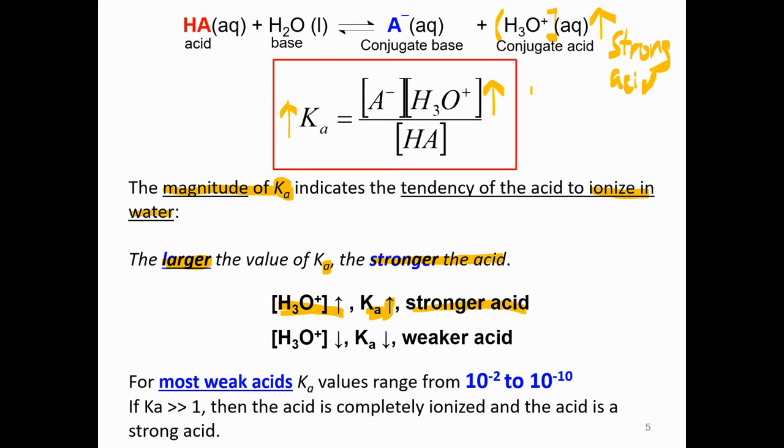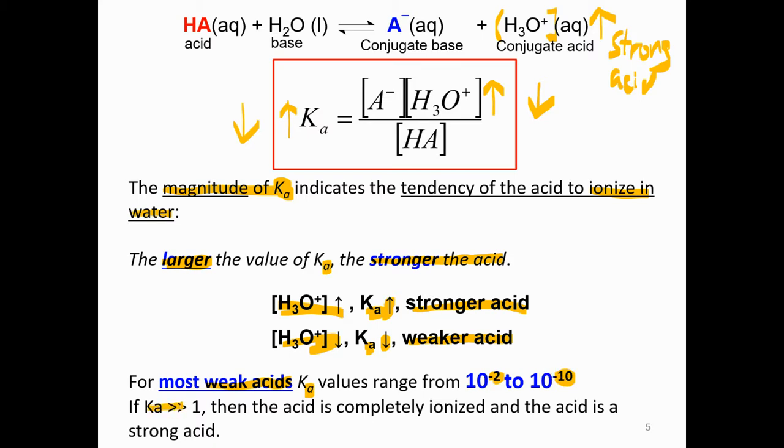The same goes for if hydronium ion concentration decreases, then Ka will decrease. So if we have less concentration of hydronium ion, Ka decreases, it shows that it is a weaker acid. For most weak acid, the Ka values range from 10 to the power of negative 2 to 10 to the power of negative 10.